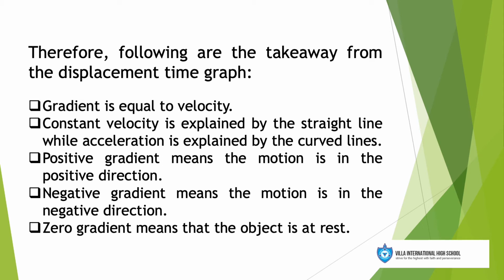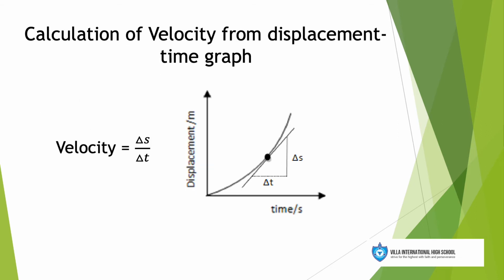Now, next, how can we calculate velocity from a displacement time graph? Calculation of velocity from displacement time graph. You will get various types of displacement time graph. Sometimes it might be a straight line or sometimes a curved line. We know velocity is the gradient of the displacement time graph.